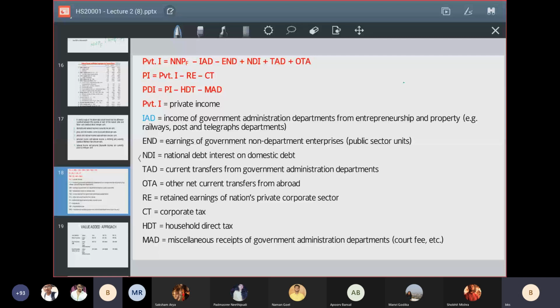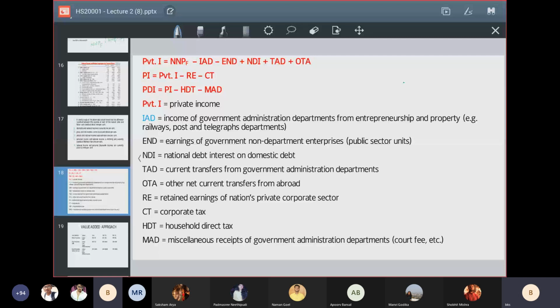All of the profit is not distributed amongst, say, three or four persons who own that private enterprise. All of them do not get 25 crores each. What they do is, let's say they retain 20 crores of their profit in the private corporate sector, and then distribute the rest, 80 crores, to the four owners.